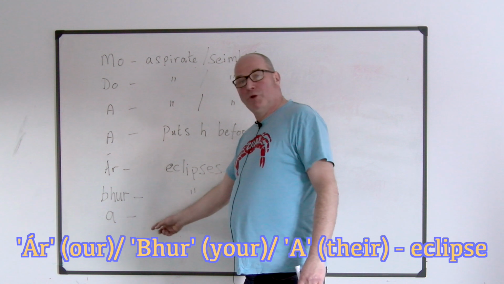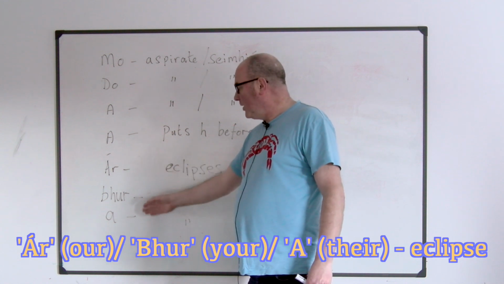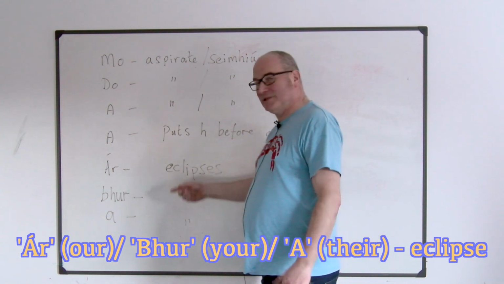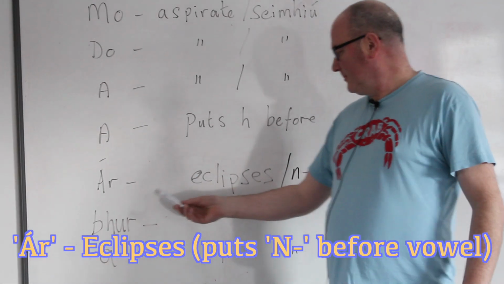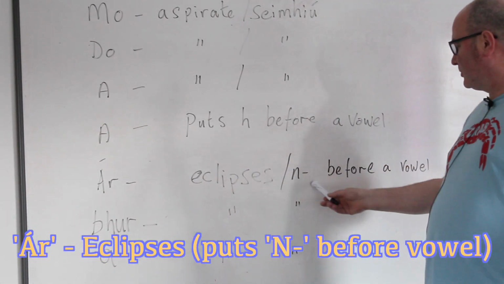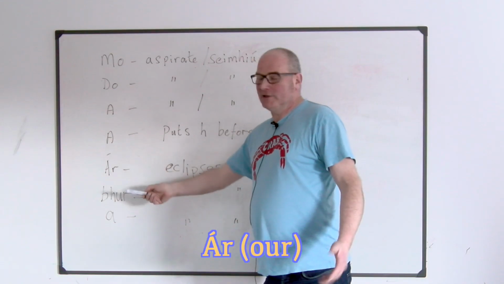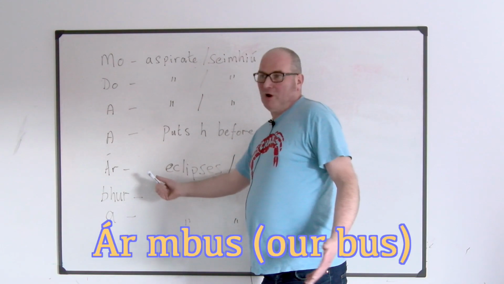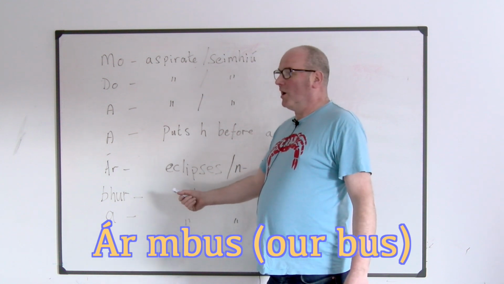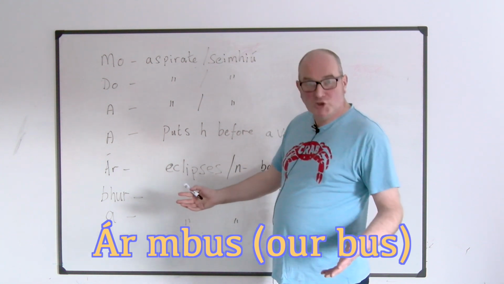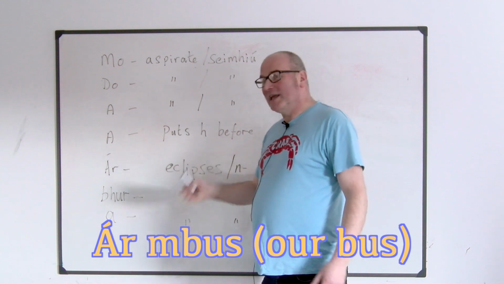Now, when you get into the plurals here, ar, bhur, and a, they eclipse, they put a letter before it. Ar eclipses or puts an N before a vowel. Ar, by the way, is ar, it even sounds like it. Our bus, ár mbus. So you can see here the eclipse.